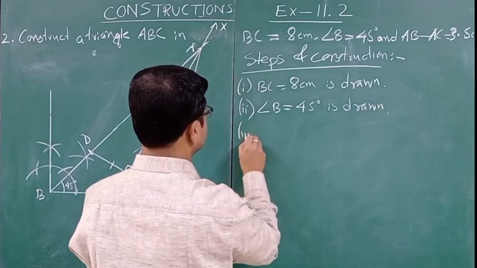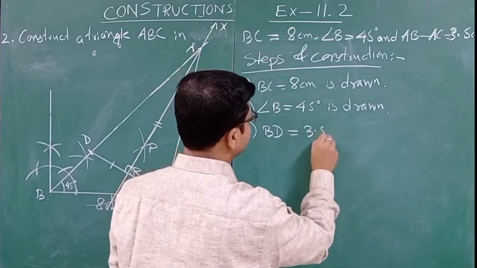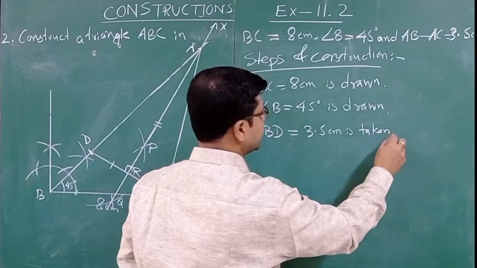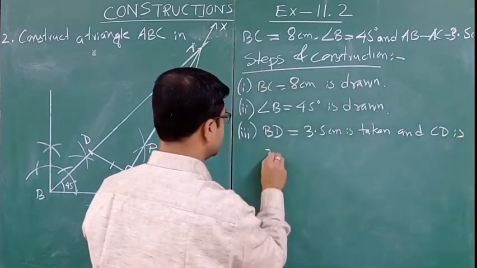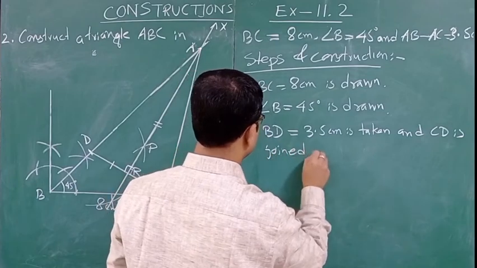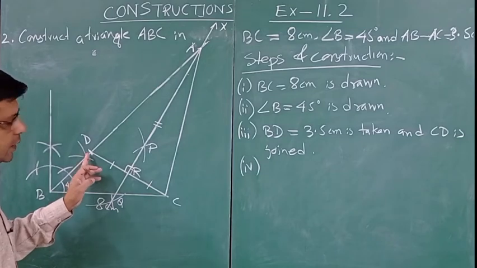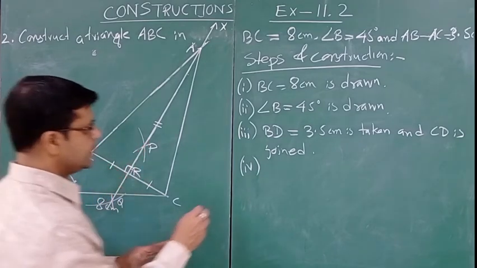Number 3: BD equal to 3.5 centimeter is taken, and CD is joined. After that, number 4: we constructed the perpendicular bisector of CD, which is PQ.